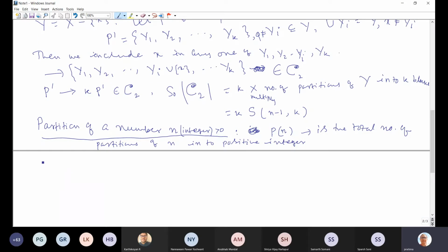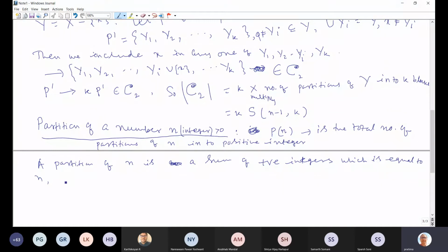So a partition of n is an expression, a sum of positive integers which is equal to n, and in which the order is not considered.